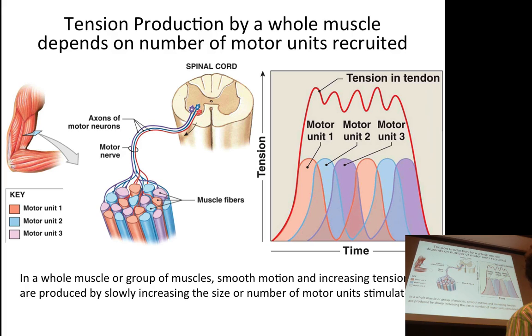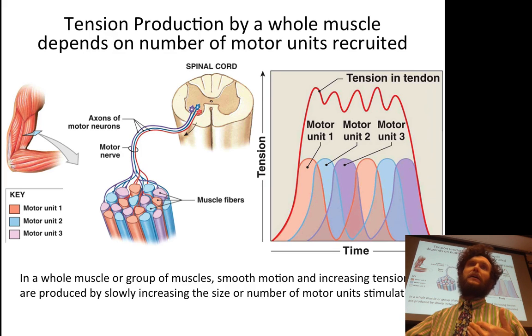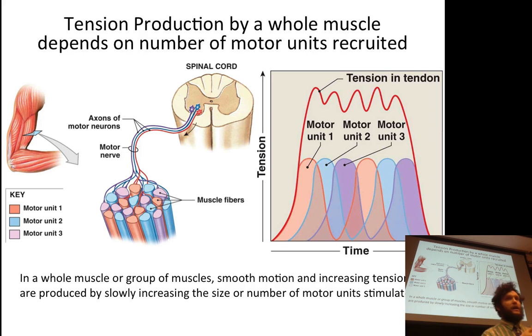Any muscle fiber under the control of the same neuron is all going to contract together. But a muscle fascicle that is many muscle fibers is going to have multiple nerves, multiple motor units servicing it. And the way that you get a variable amount of tension in a muscle is by the selective recruitment of different motor units. Are you using one motor unit, or 2, 3, 300, 5,000, 10,000? How does that work?